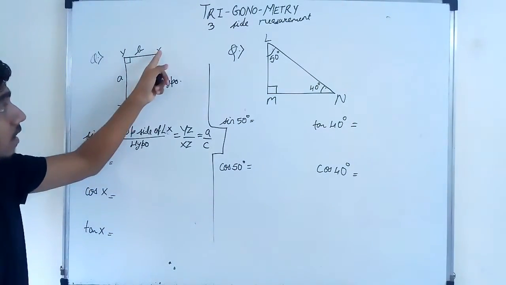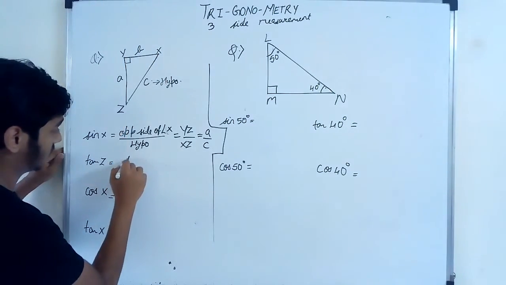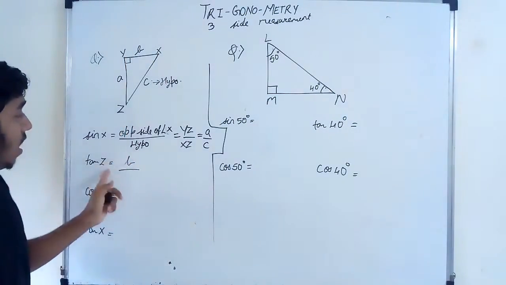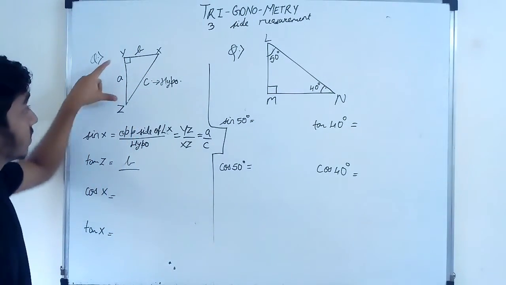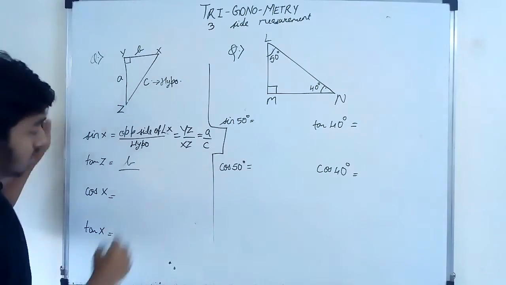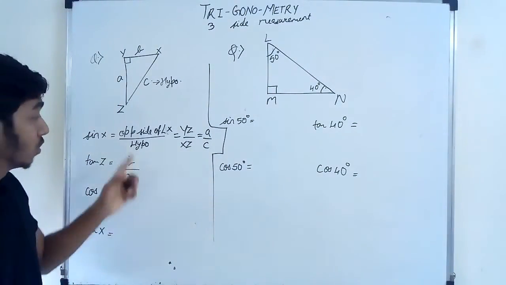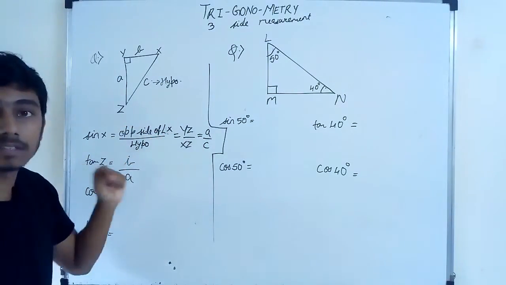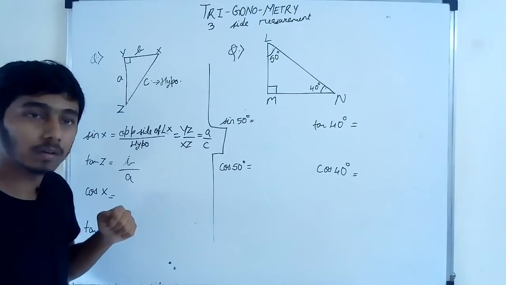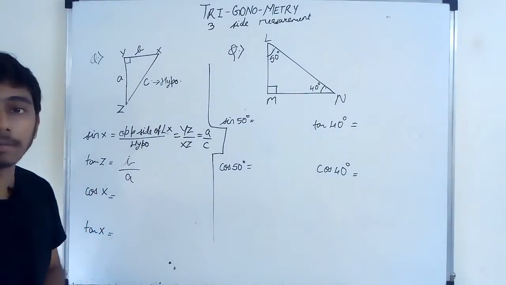Opposite of z is yx or xy, which is B. So B upon, opposite is this and adjacent is A. So B upon A. If you want, you can write it this way and then you can get this. That will be easier for you. But I already know it. So I can write this as B upon A.